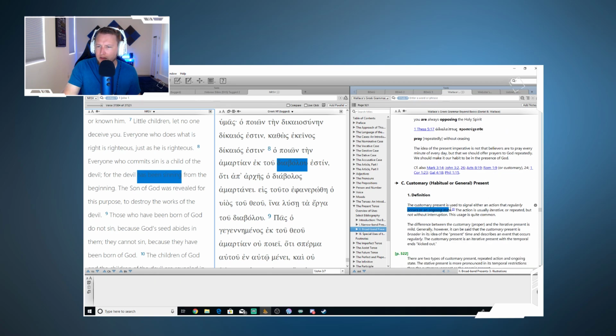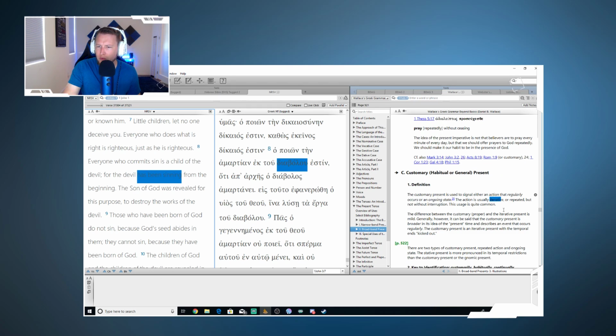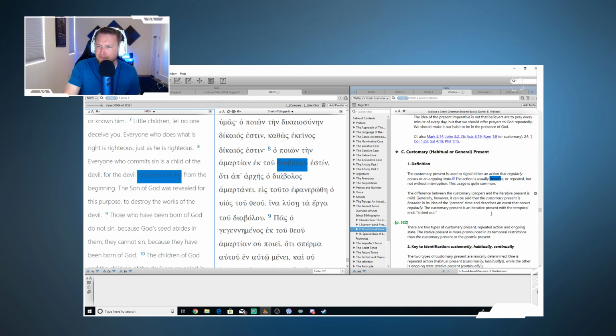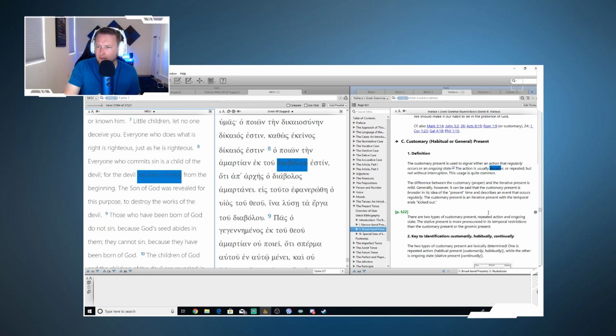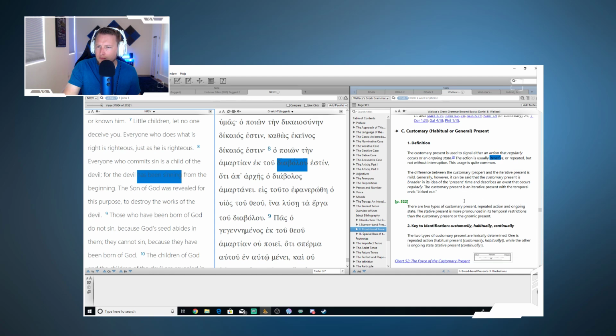Regularly occurs, ongoing state. Action is usually iterative or repeated, not without interruption. Customary present is an iterative present with the temporal ends kicked out.